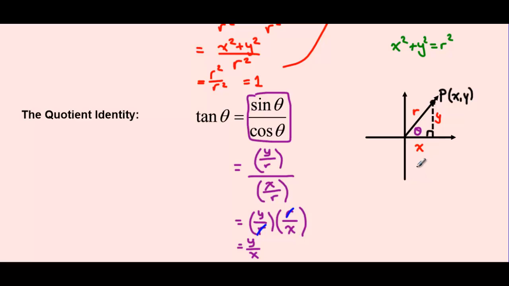We can see in this diagram that tan theta will equal the opposite side over the adjacent side, or y over x. So if tan theta equals y over x, then it must also equal sine theta over cos theta. And that proves our second identity, the quotient identity.